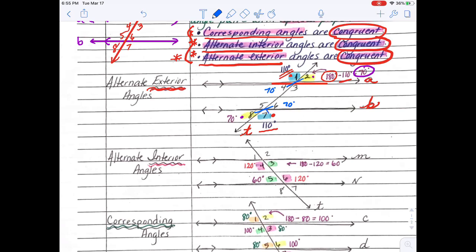You know 7 and 5 are vertical angles, so that has to be 110 degrees. And 1 and 3 are vertical angles, so that has to be 110. Do you see how fast you found all 8 angles just from that one rule?